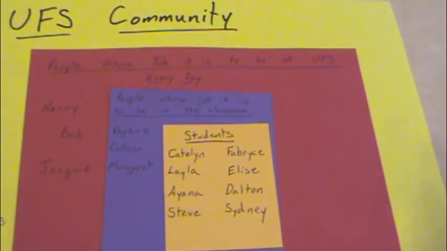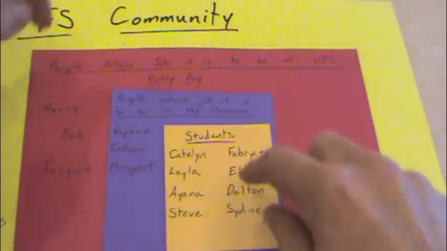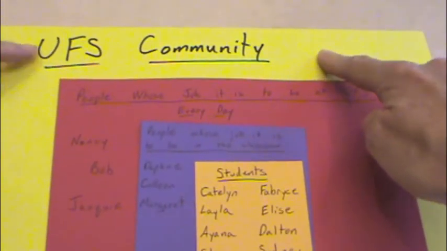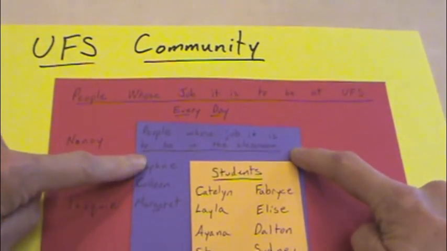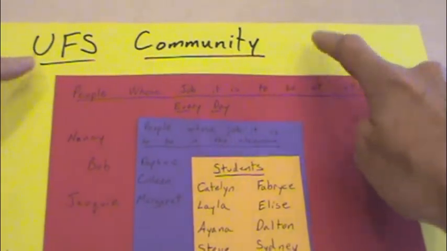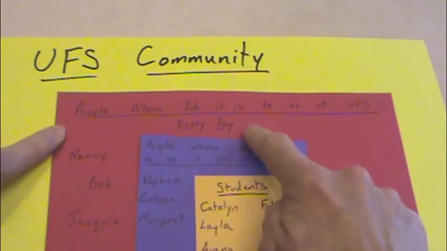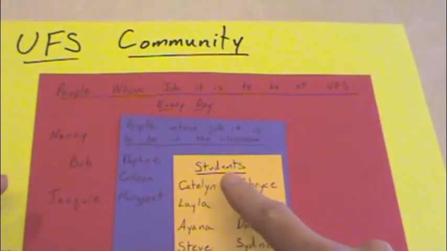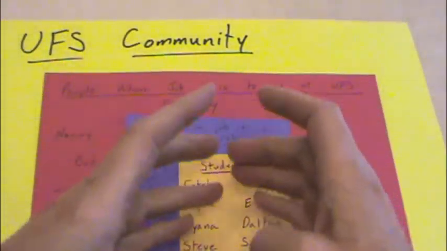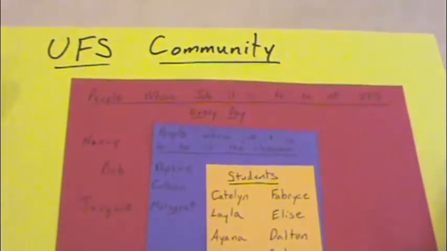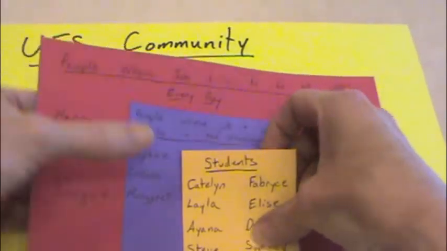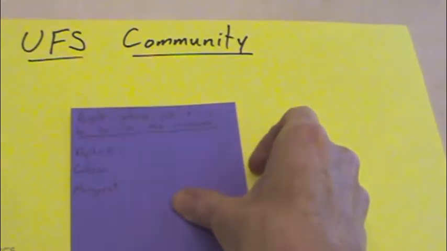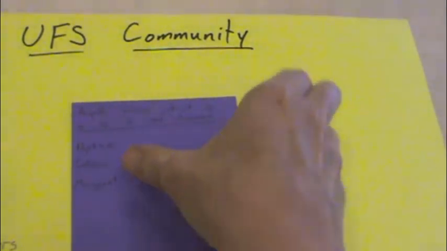Now, take a look at what I did. All of the students are part of the UFS community. All the people whose job it is to be in the classroom, part of the community. All the people whose job it is to be at UFS every day, part of the community. As you look at this, each of the smaller groups are also a part of the whole, right? I could just put the students here. I could just put people whose job it is to be in the classroom right here.